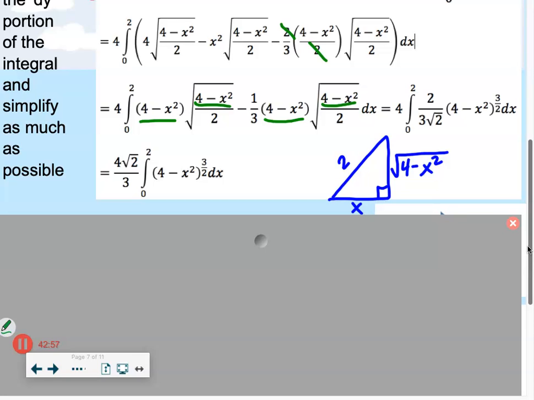If I want this over this, that would be sine. We'll call this theta. So I could say sine theta equals root 4 minus x squared over 2. So that means root 4 minus x squared equals 2 sine theta.